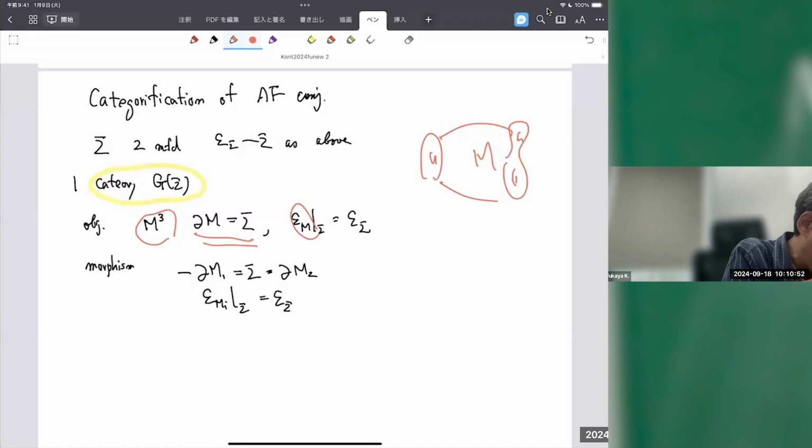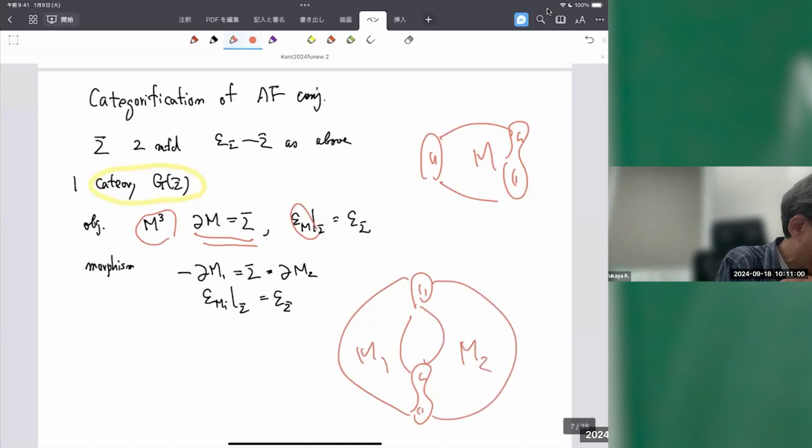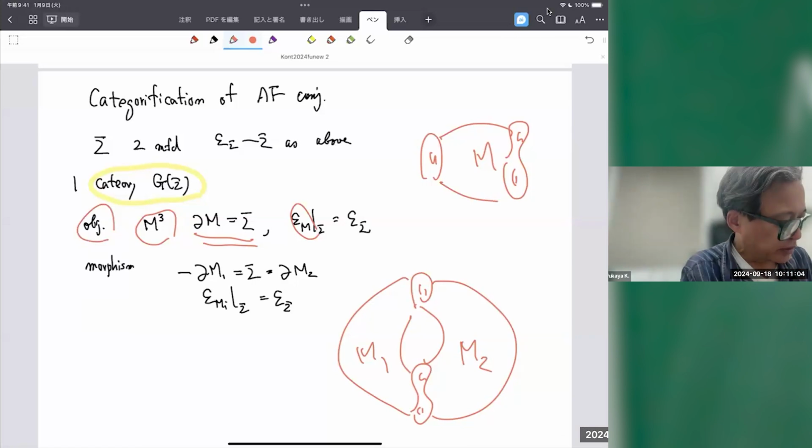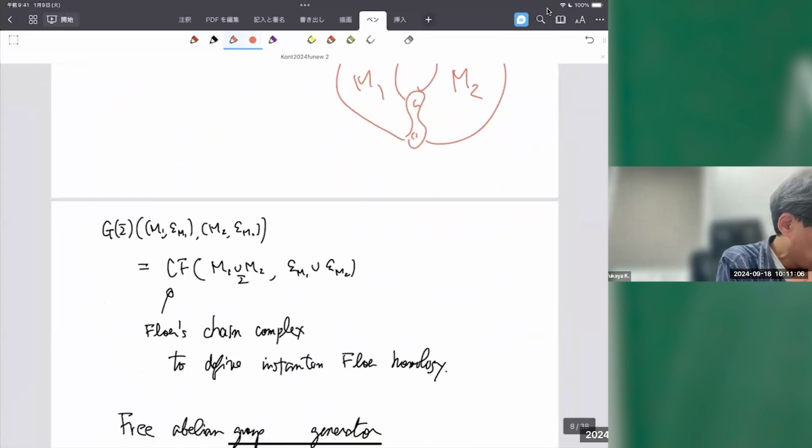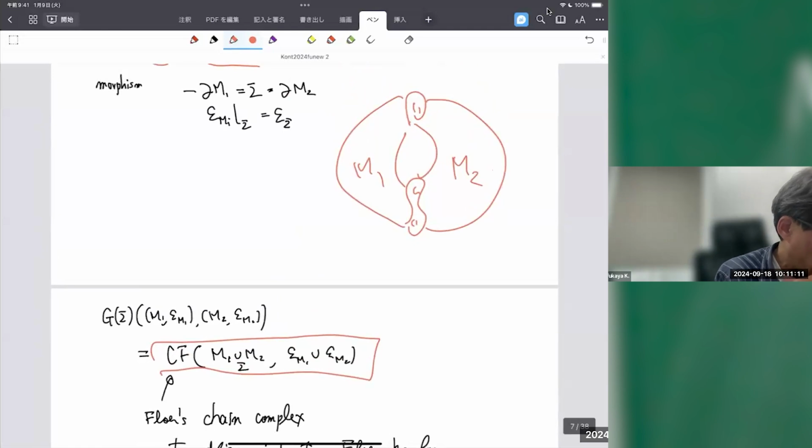Suppose you have M1 and M2, two objects in this category. Then the morphism is nothing but the Floer chain complex of these three manifolds.